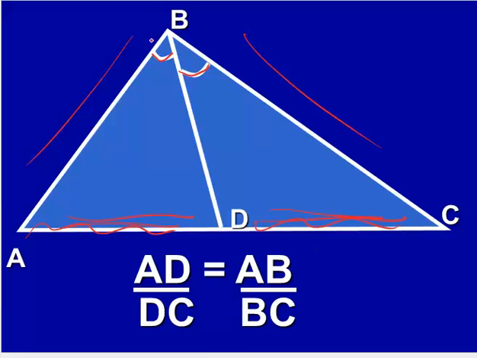And then when I set up the other fraction, I do left side over right side, AB over BC. So we're going to do left part of the bottom, right part of the bottom, left side, right side. You could also do the left side of the bottom, the left corresponding side, right side of the bottom, right corresponding side. But we're going to stick with this one for now.